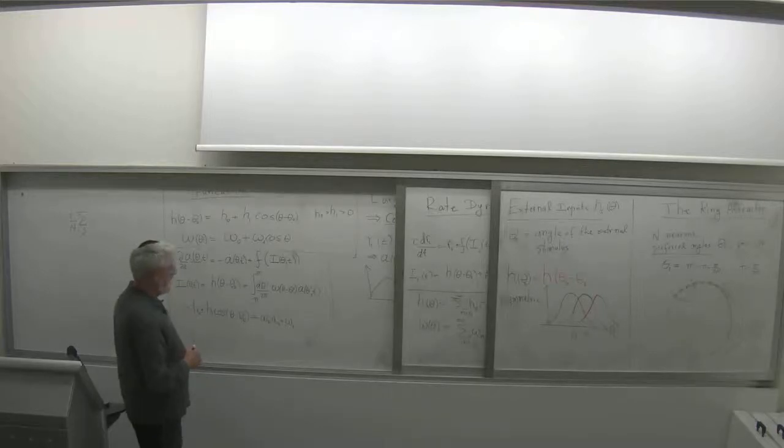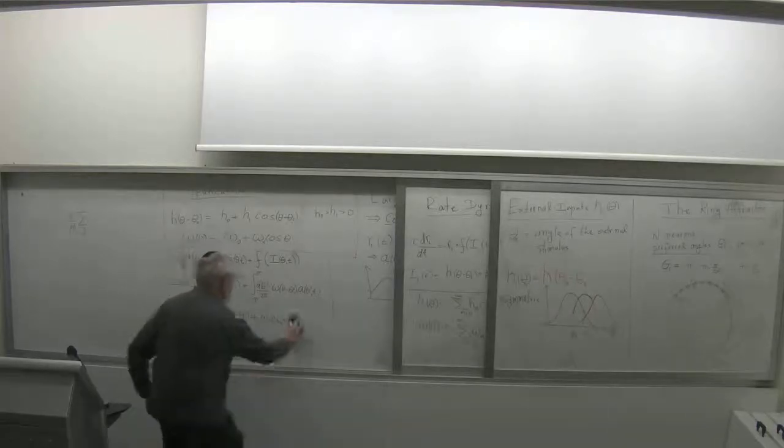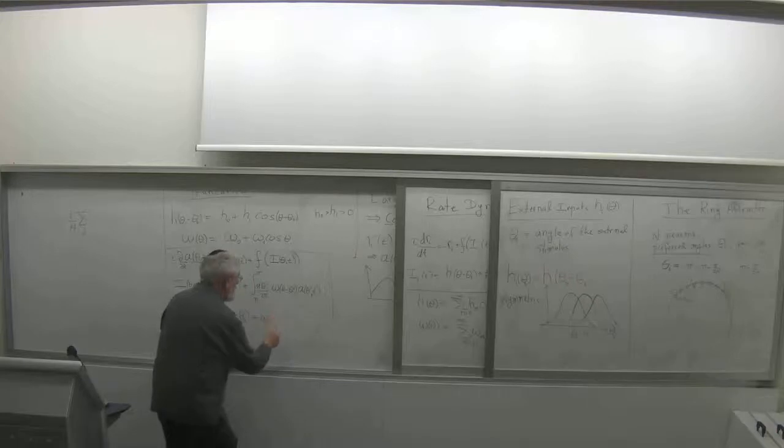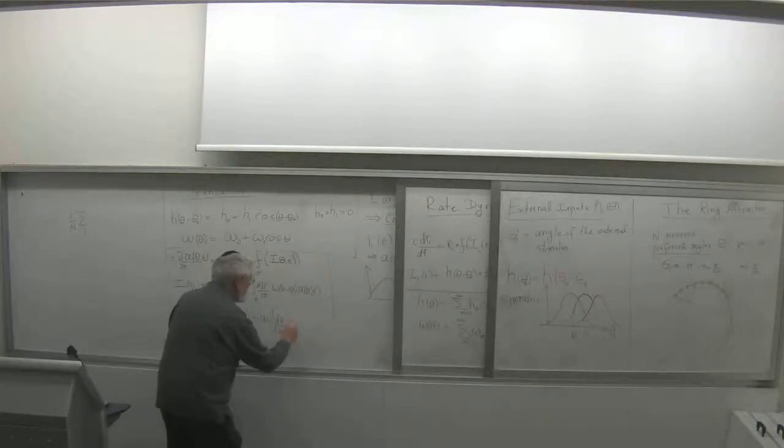Right? Let me write it explicitly. Here I'll have the integral d theta prime over 2 pi of a of theta prime and t.